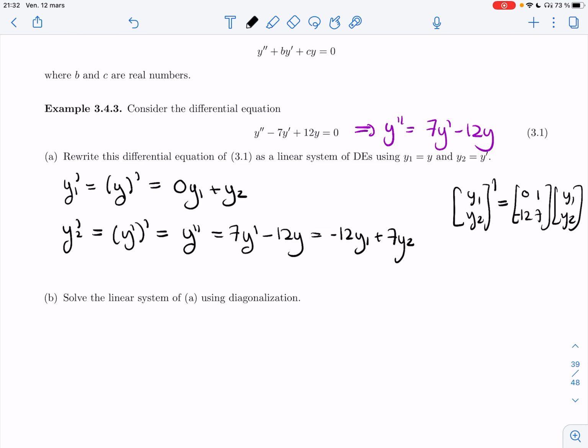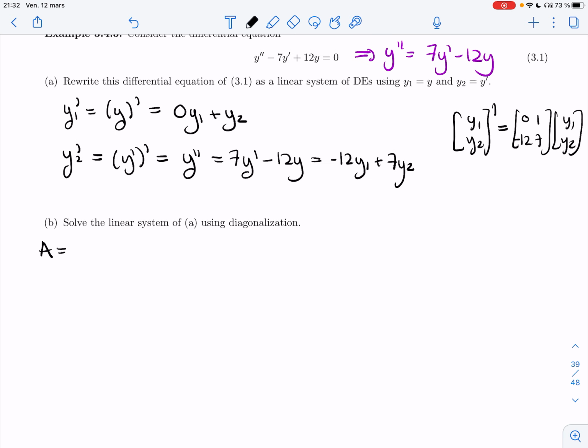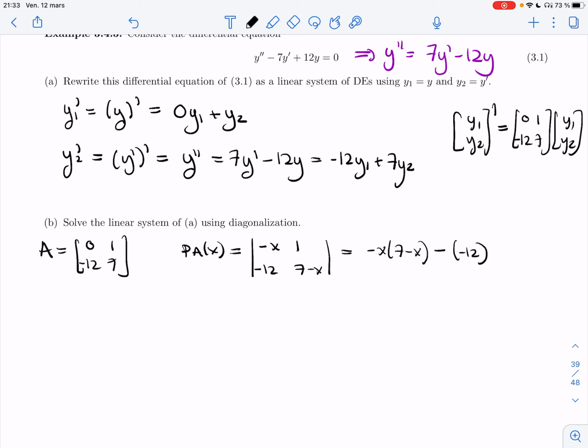All right, so this is the type of system we know how to solve. So solve the linear system using diagonalization. My matrix is 0, 1, minus 12, 7. I need to diagonalize it. Let's find its eigenvalues. So minus x, 1, minus 12, 7 minus x. I get x squared minus 7x plus 12. That's going to be x minus 3 times x minus 4. So I have two eigenvalues.